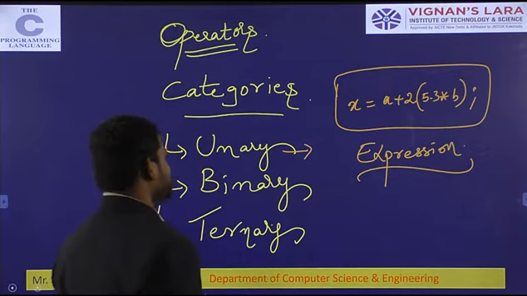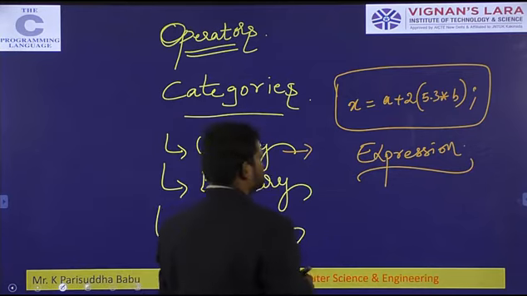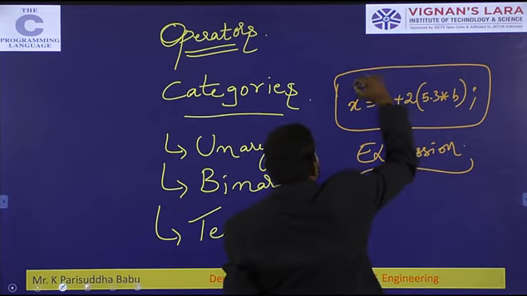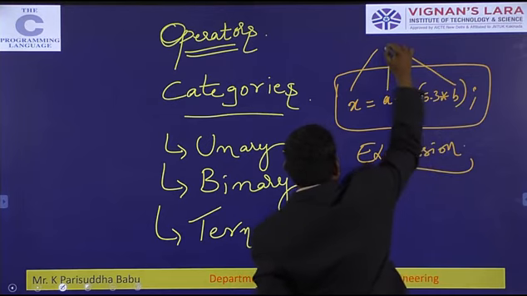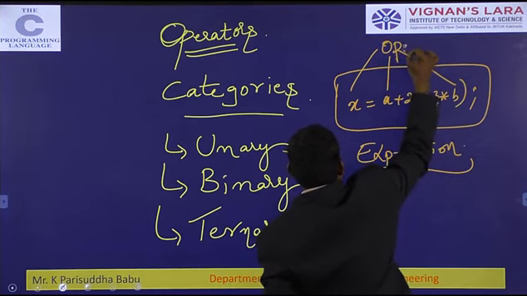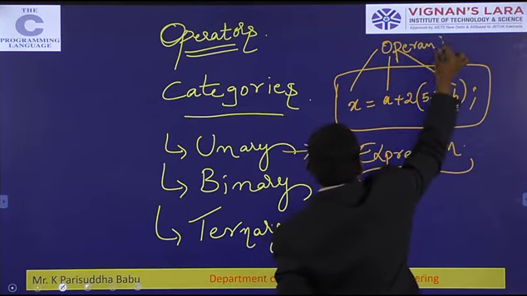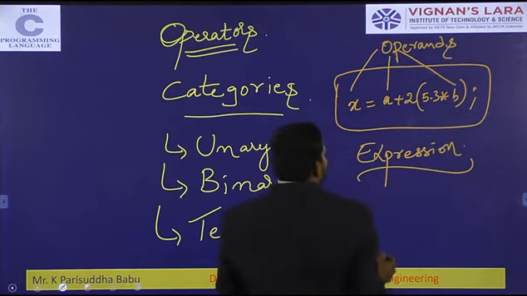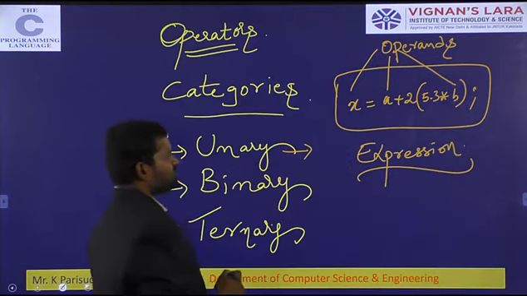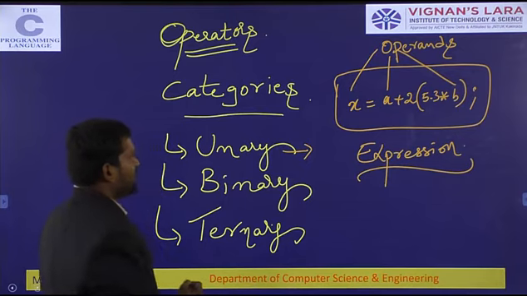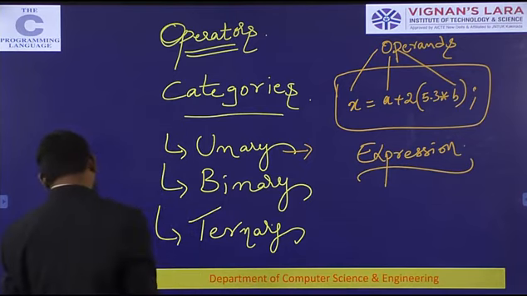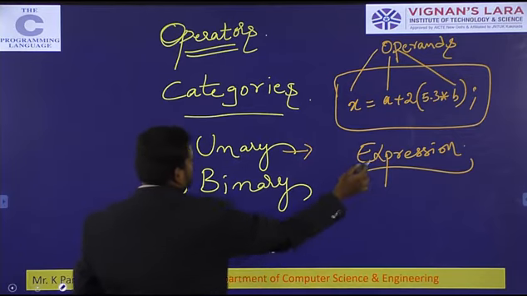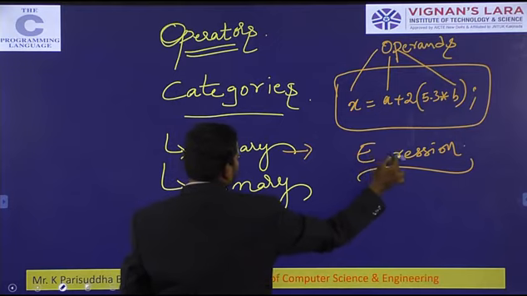What are the operands here in this expression? X is an operand, B is an operand, A is an operand. A, X, B are the operands available in this expression.